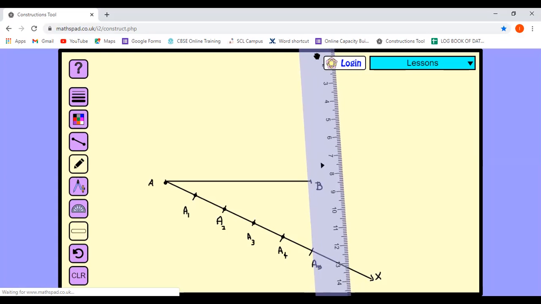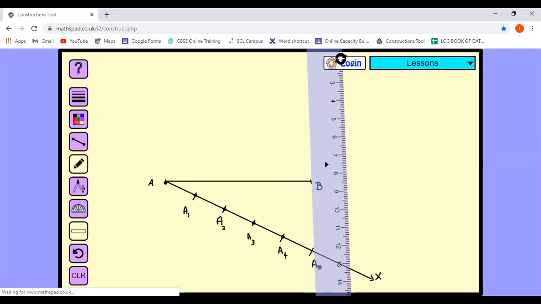Make sure you don't make any mistake when you're doing all this. If you're going to make even a little bit mistake, then your final answer will be wrong. Okay, so you have to be very careful in construction. Even a small millimeter mistake or a degree mistake will give you a wrong answer.